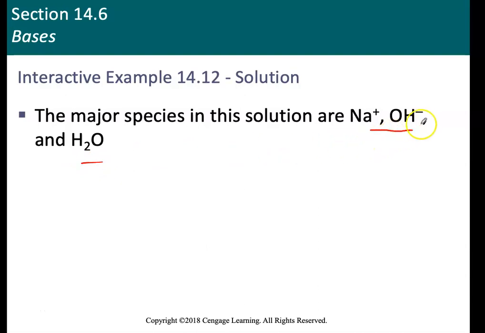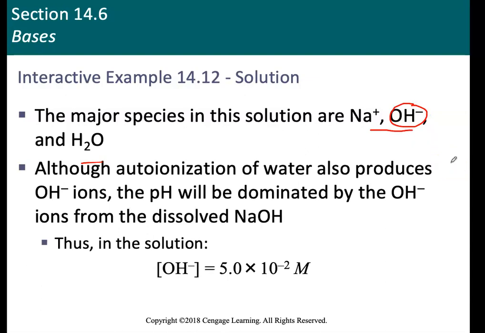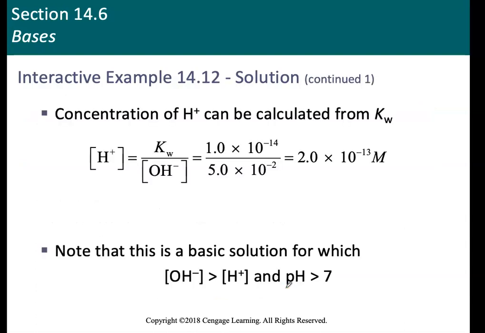So the contribution that will govern the pH will be pretty much the concentration of OH minus. The concentration of OH minus will be the same as the concentration of the sodium hydroxide to begin with. Why? Because of the strong base. So you can put in the calculation.